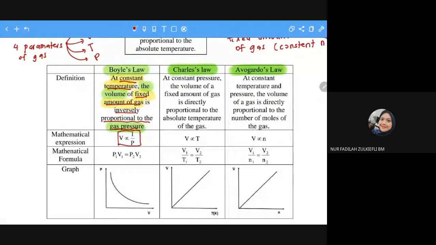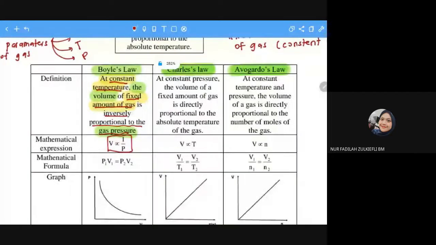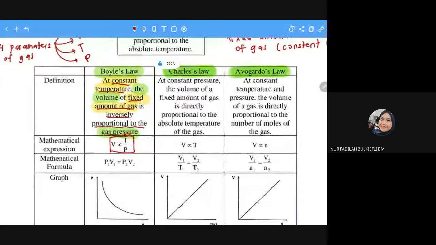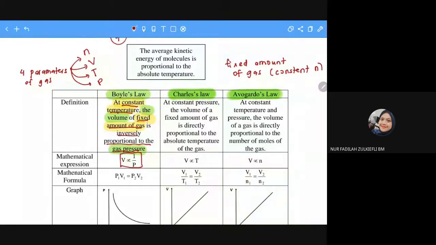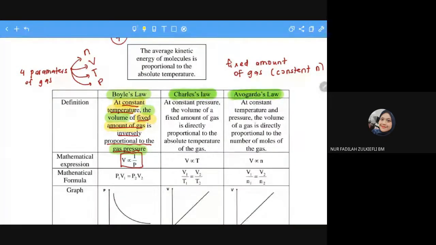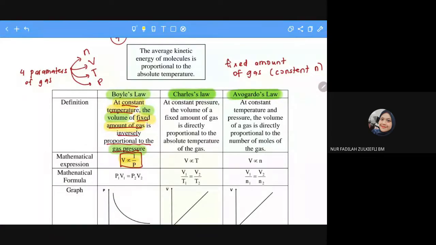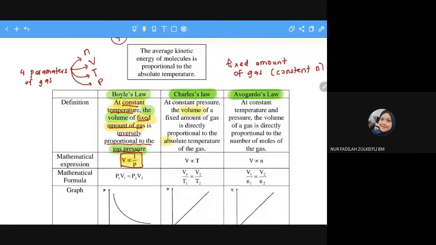Ini mathematical expression. Okay, Charles law, dia nak study relationship between apa dengan apa? Which parameters involved? Dia nak study relationship between volume and temperature. You know that from Boyle's law, the volume is inversely proportional to pressure. Charles law, on the other hand, dia nak study the relationship between the volume and also the absolute temperature.